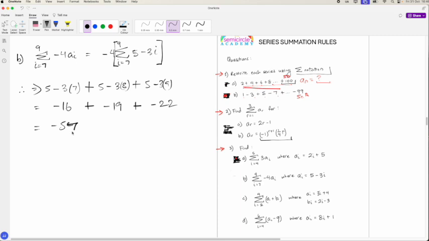And of course, we have to multiply that by negative 4. So the summation of i is equal to 7 to 9 of negative 4a_i is going to be negative 57 times negative 4, which is 228.